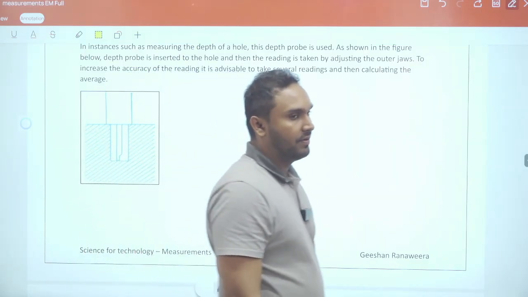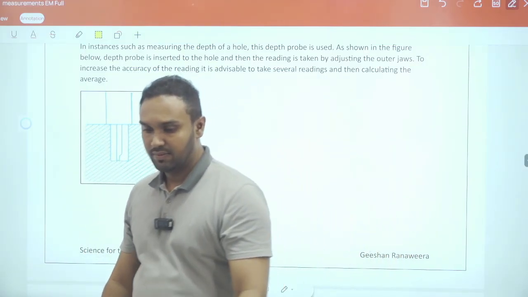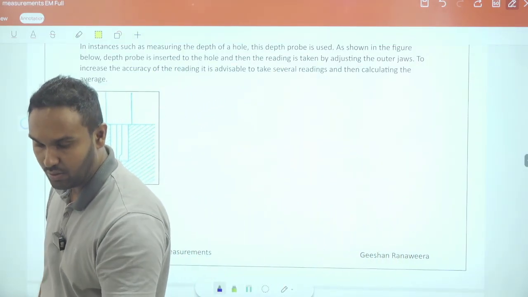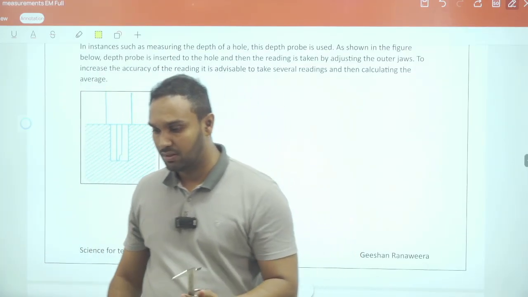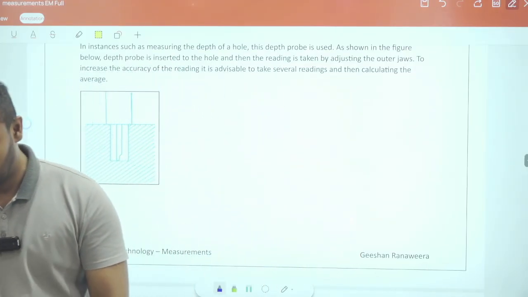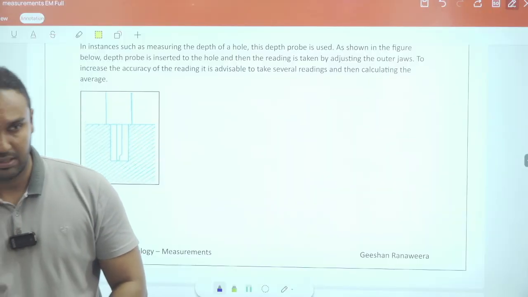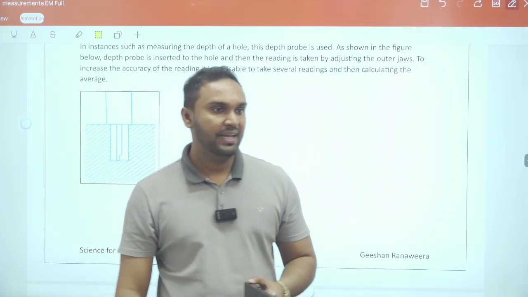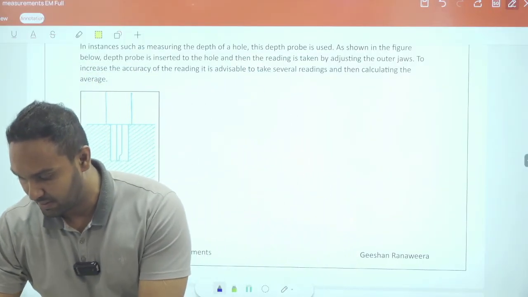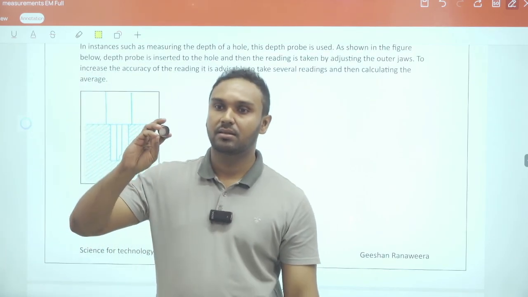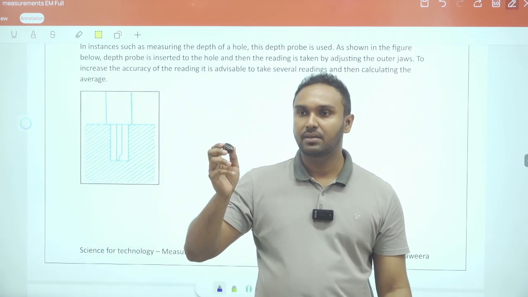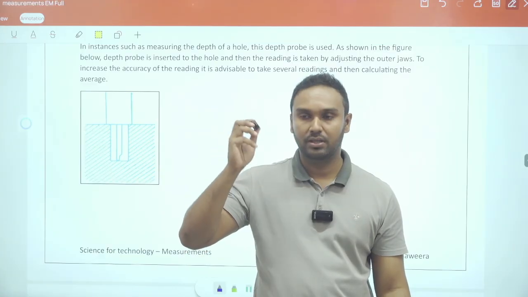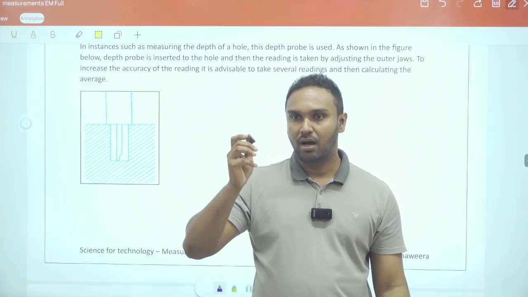Now, even with the outer jaws or the inner jaws or the depth probe, when you're taking measurements, sometimes the length or the depth or the inner diameters may change from measurement to measurement, because most of the time the objects that you measure are not uniform.